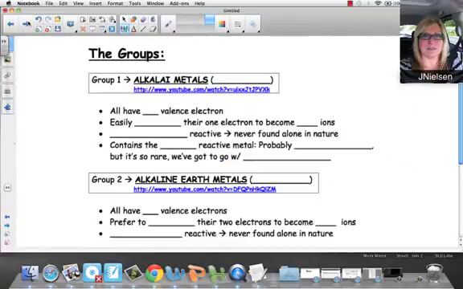All right, let's briefly discuss some of the groups and we will be done. So group 1 is known as the alkali metals, and they all have 1 valence electron. They easily lose their 1 electron to become +1 ions.